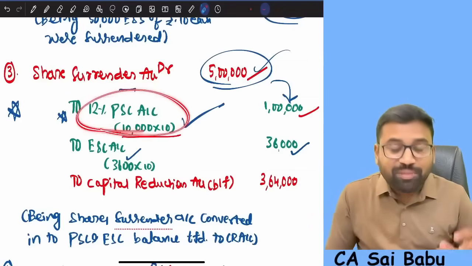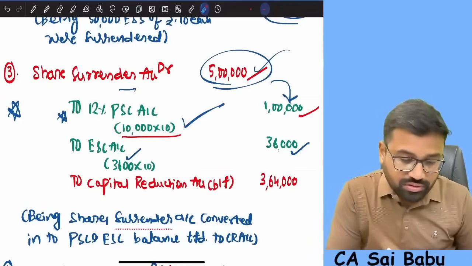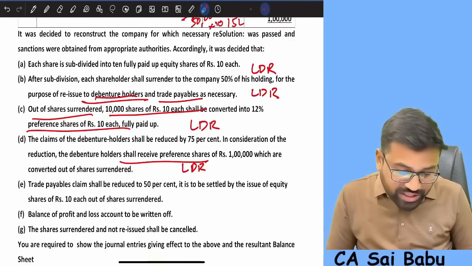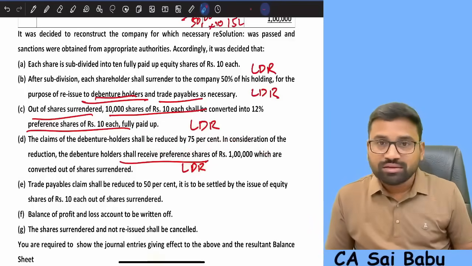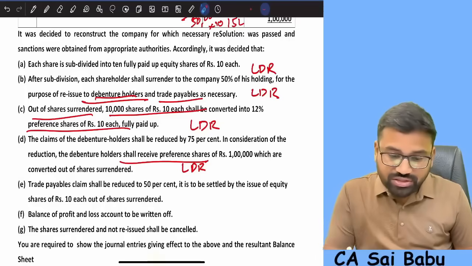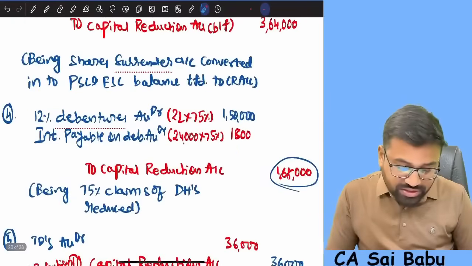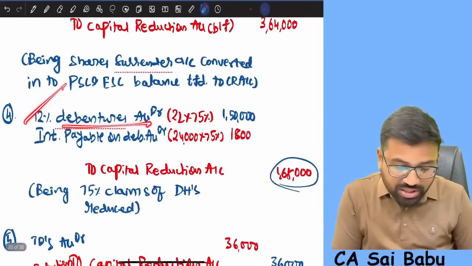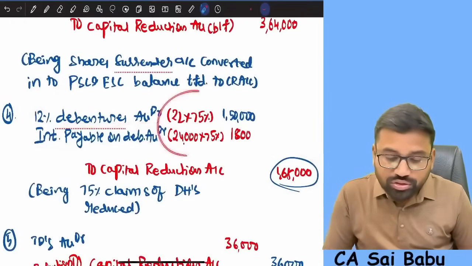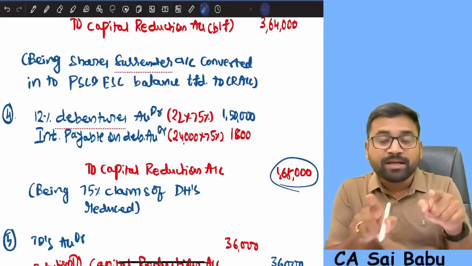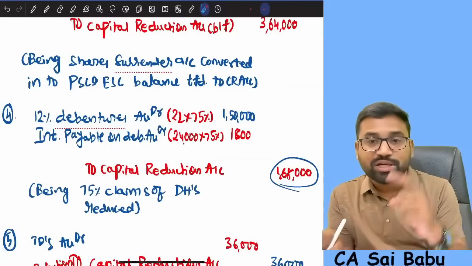This preference share capital we are going to issue to debenture holders. Now debenture holders are ready to sacrifice 75% of the claims after taking these preference shares. So therefore, 12% debentures and interest, both will be transferred to capital reduction account to the extent of 75%.